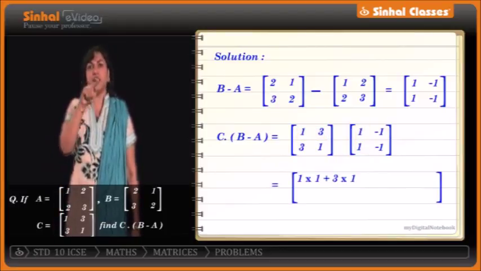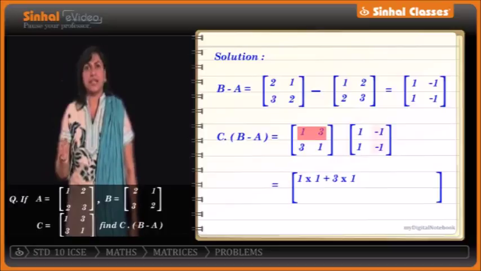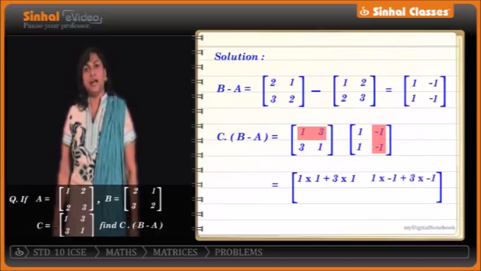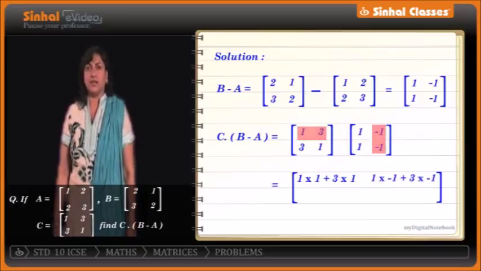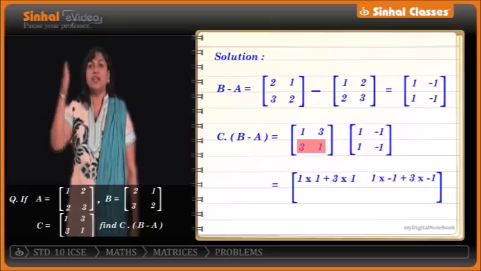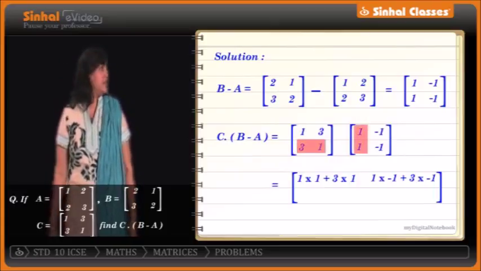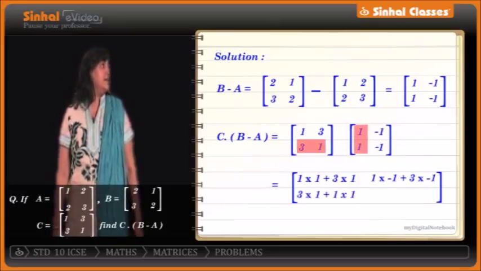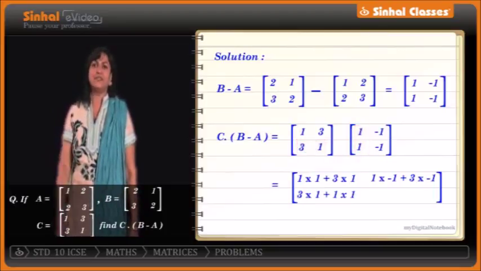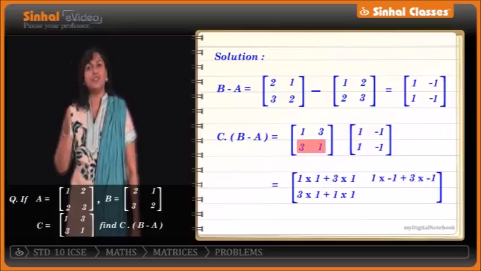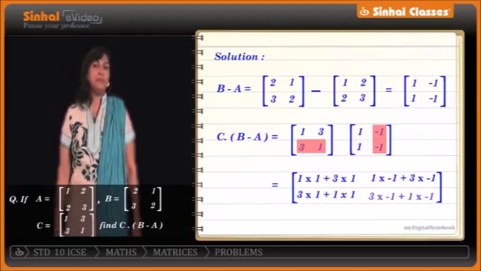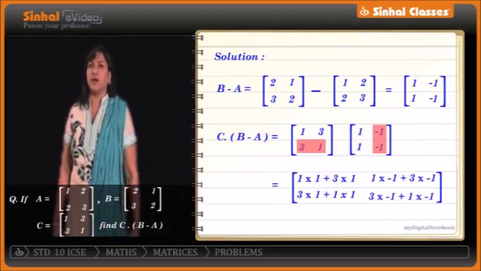Second element, first row into second column, so we get 1 into minus 1 plus 3 into minus 1. Third element will be second row into first column. So we get 3 into 1 plus 1 into 1. And the fourth element will be second row into second column. We get 3 into minus 1 plus 1 into minus 1.